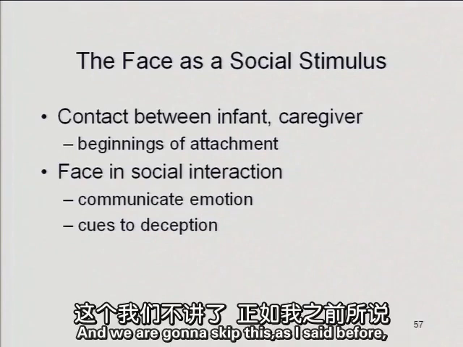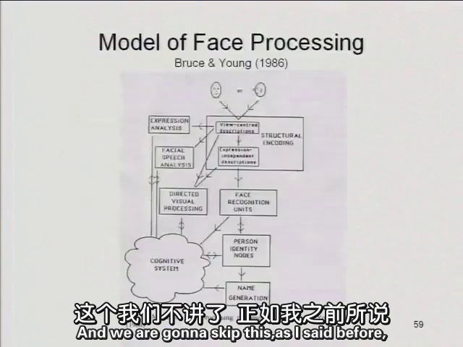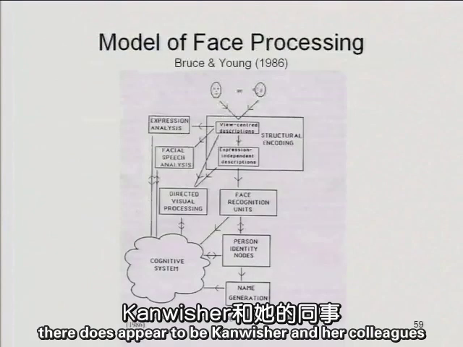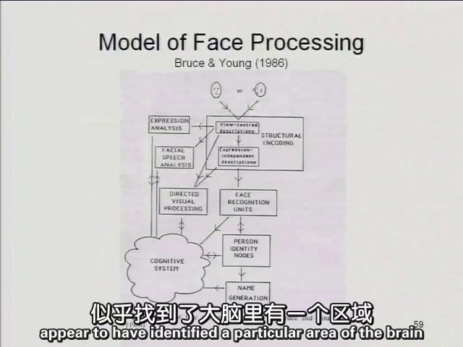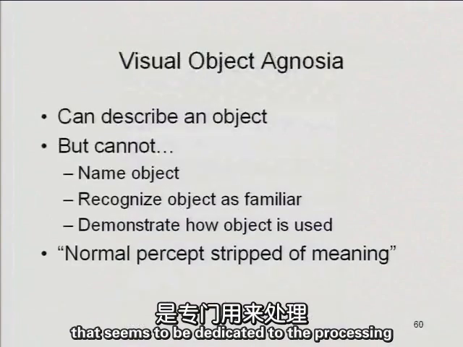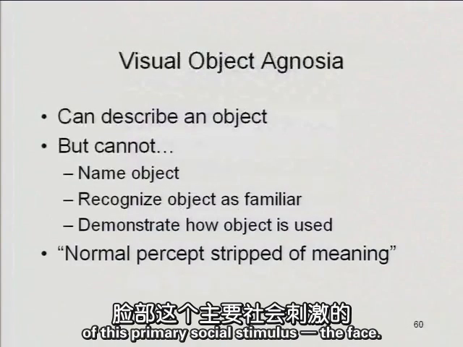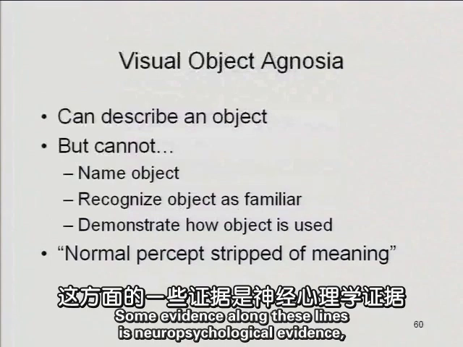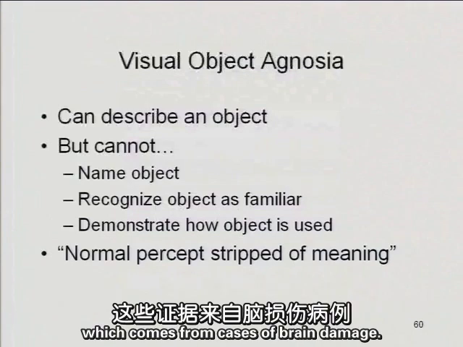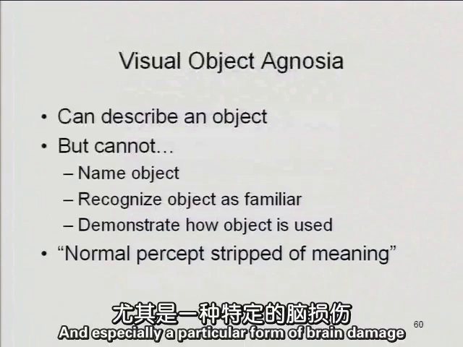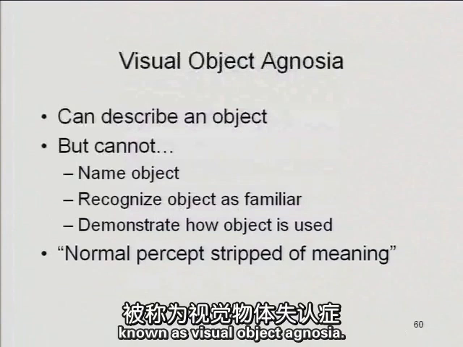And as I said, we're going to skip this. As I said before, Kanwisher and her colleagues appear to have identified a particular area of the brain that seems to be dedicated to the processing of this primary social stimulus, the face. Some evidence along these lines is neuropsychological evidence and comes from cases of brain damage, especially a particular form of brain damage known as visual object agnosia.